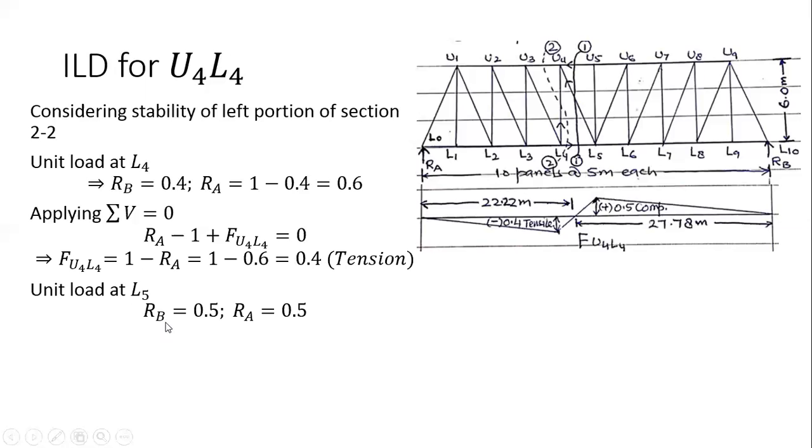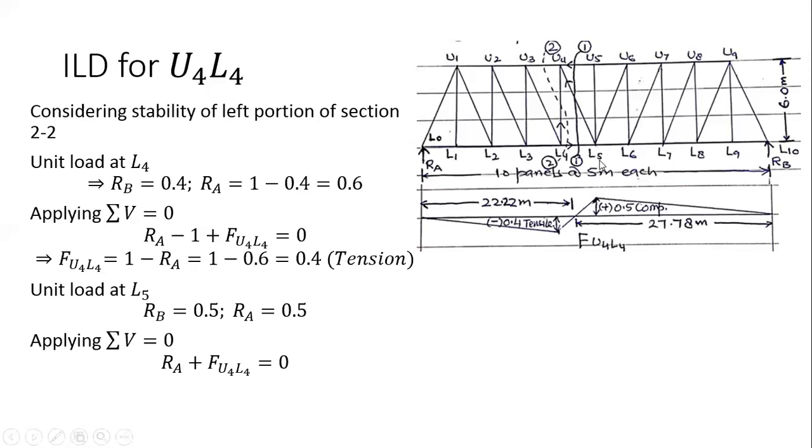Next, I have to consider the load at L5 here. So again calculate RB and RA. Both reactions are the same, 0.5 and 0.5. Then again applying summation of V is equal to 0. RA upside. Now my load is at L5 and the section is here. I consider the stability of the left portion of section 2-2.